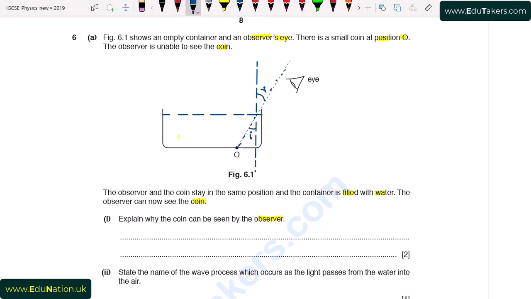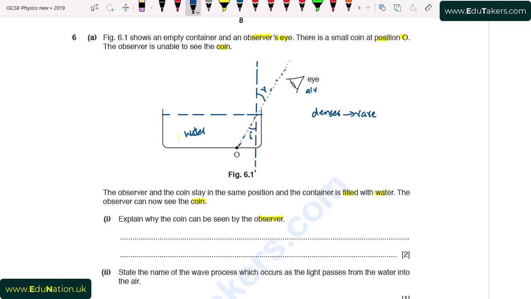The ray is coming from water into air. It means from denser to rare medium. So this ray will bend away from normal. You can see that's why the bending will increase the angle of refraction as compared to angle of incidence.